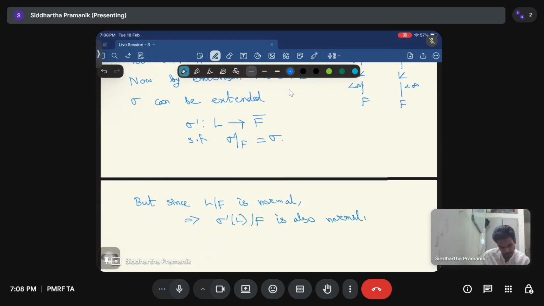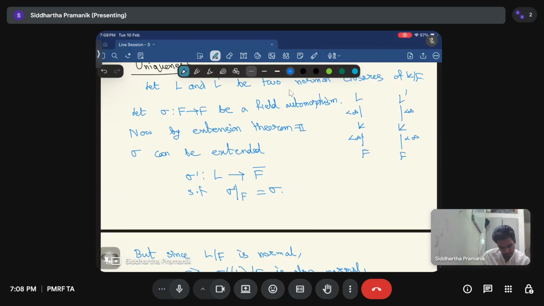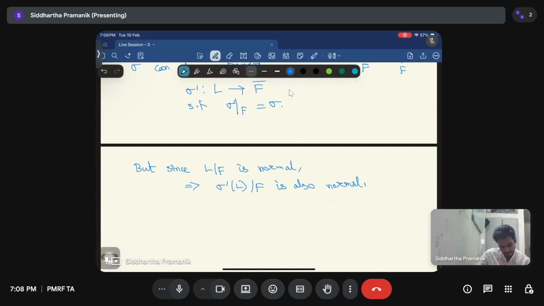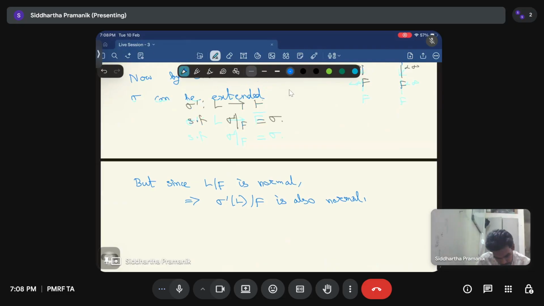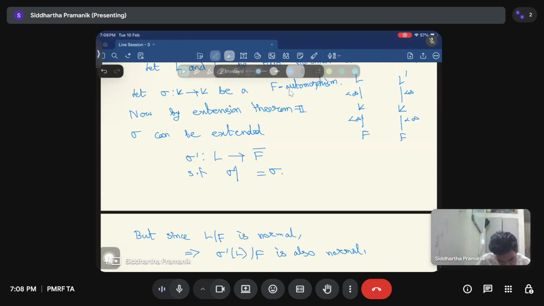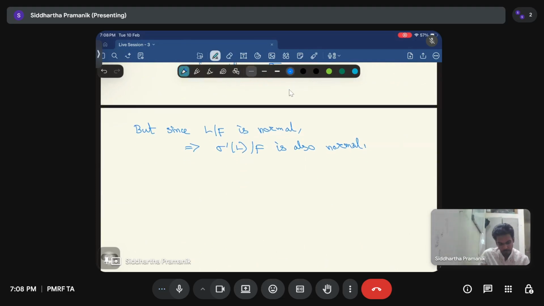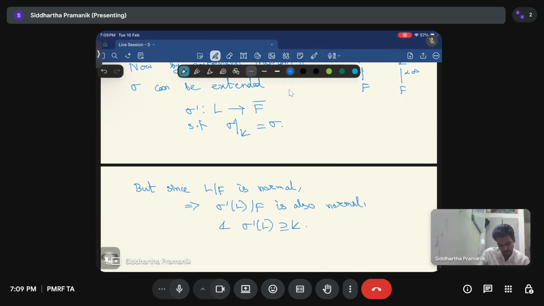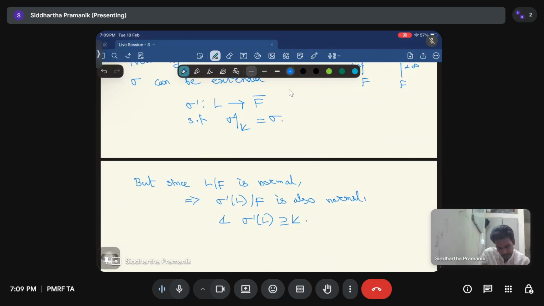It should contain K, right? So we need to take an F homomorphism of K. So let K to K be an F automorphism. So it restricted to K must be sigma, and sigma prime of L also contains K. But L prime is also a normal closure.